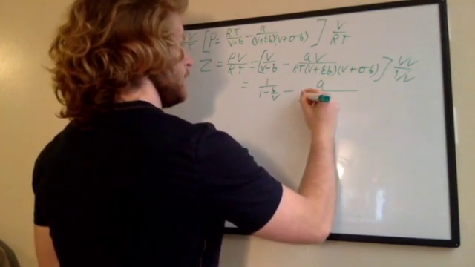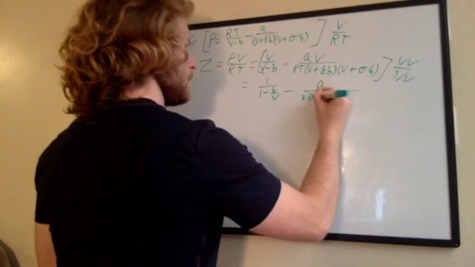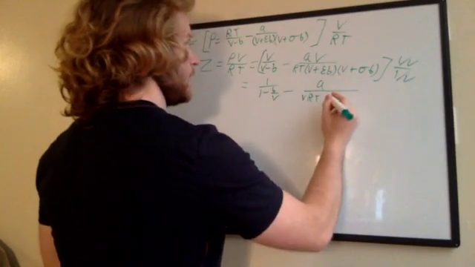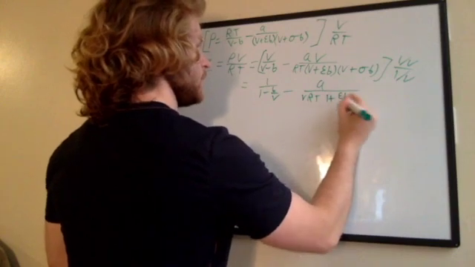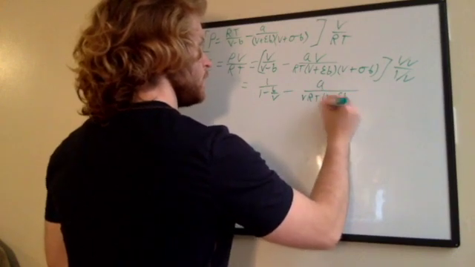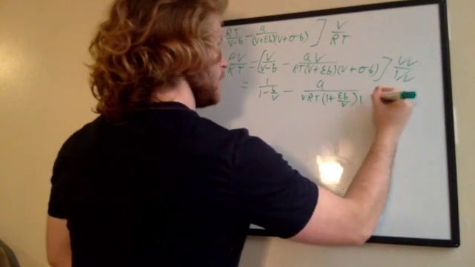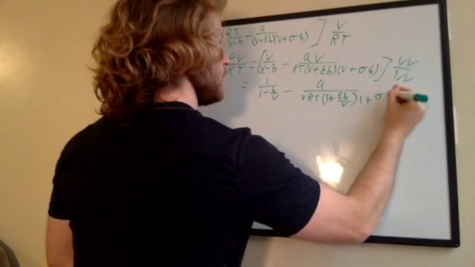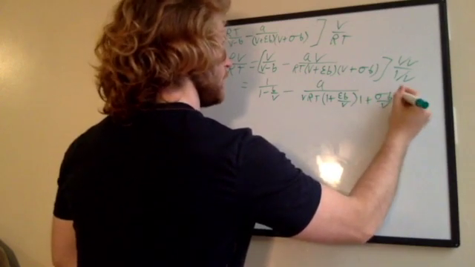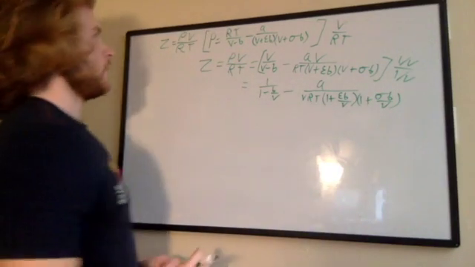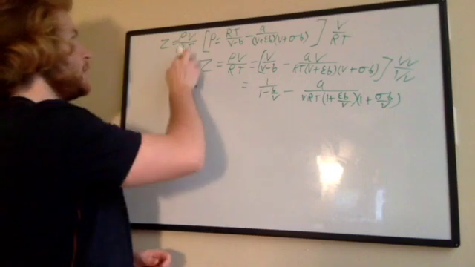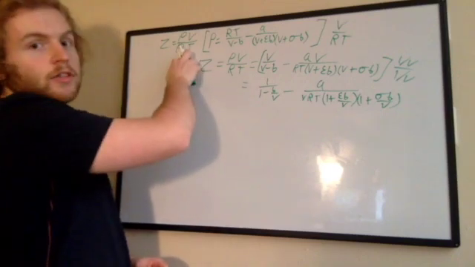Then we get v RT. The v is going to cancel out again, so we get 1 plus epsilon b over v, and then 1 plus alpha b over v.